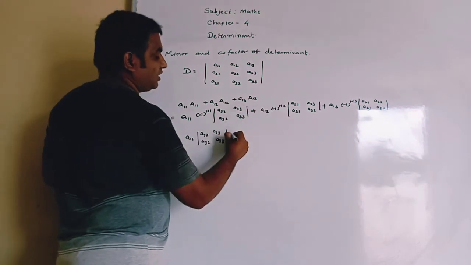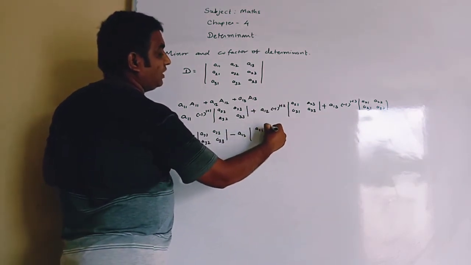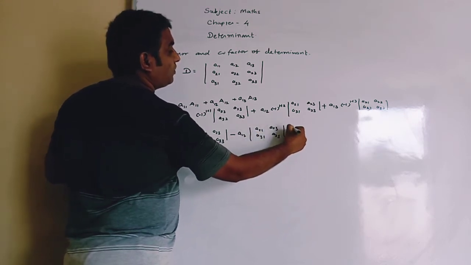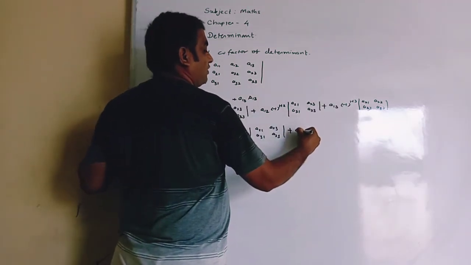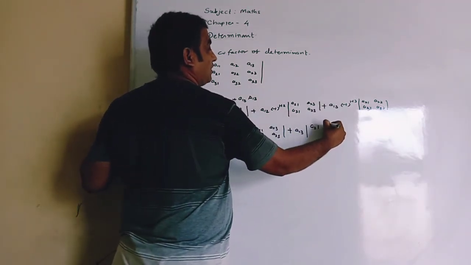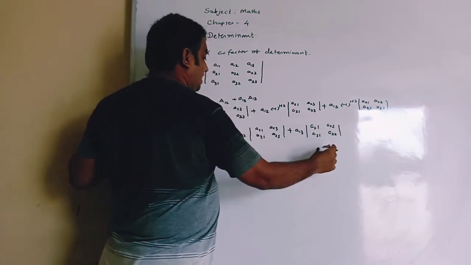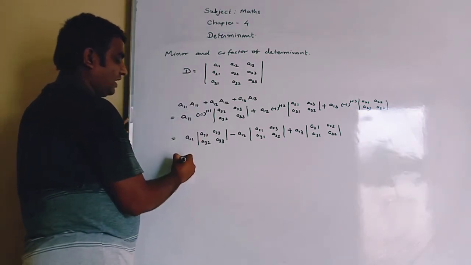Minus 1 raised to 3 gives minus a12 times a21, a23, a31, a33, plus minus 1 raised to 4, that is a13 into a21, a22, a31, a32, which is the expansion of the determinant D, and so we can write D.